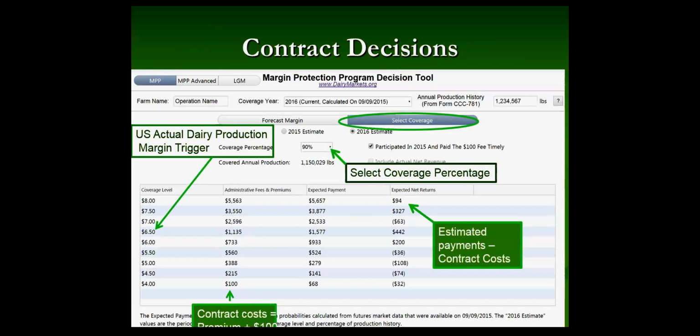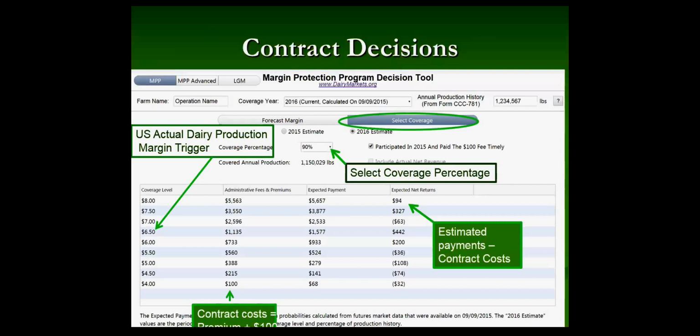The 1% chance is down below $4, the 28% chance it's going to be below $6.50 and so forth. It adds all those numbers up, and it says, based upon this point in time, that the expected payments are $5,657. And so the answer is, based upon that, expected numbers, he made $94.